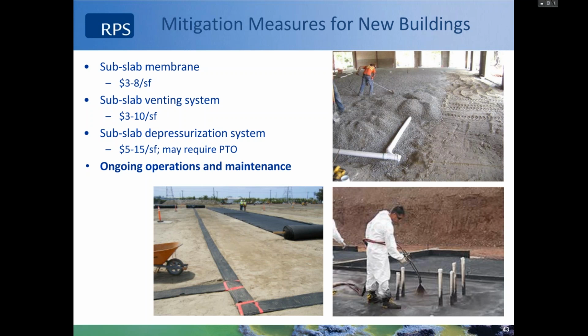So the membrane and the venting system will block the vapors from coming in, and they'll route them up to the roof line, and you'll vent at the roof. This is relatively simple and common, but it does require ongoing O&M. And it might well require indoor air sampling to convince the agency it's working.